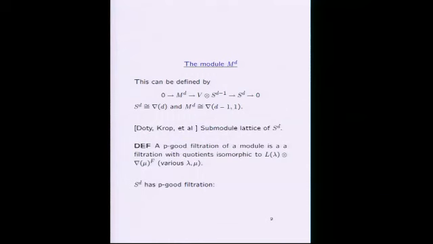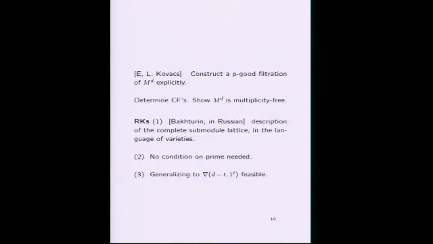So what you do is you take the p-good filtration of S^D, and you also have one in the middle there, and so you basically take the one in the middle and intersect it, you get a p-good filtration of M^D. And so we construct it explicitly, and we also find composition factors, highest weights of these. It's not so difficult. And then you see it's multiplicity free, which is not so obvious here because the weight spaces are not one-dimensional anymore.